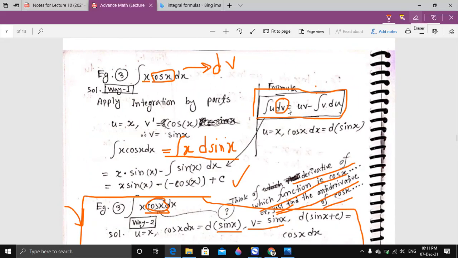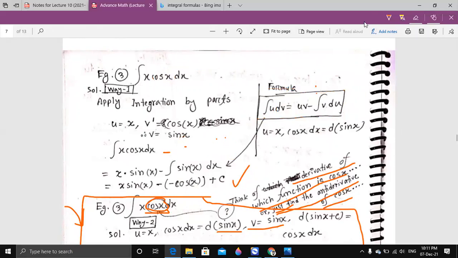Way one is also simple in the sense that you just have to let this function be v derivative, okay? Then you multiply integration on both sides, here and also here.